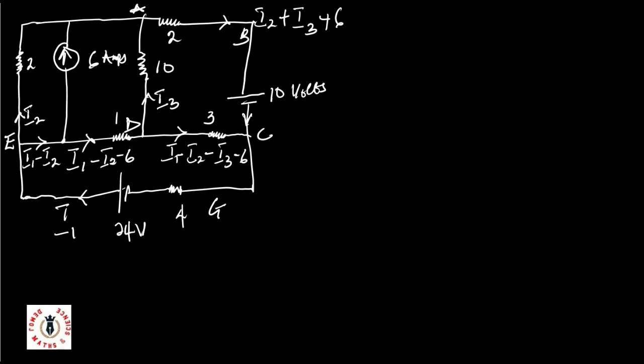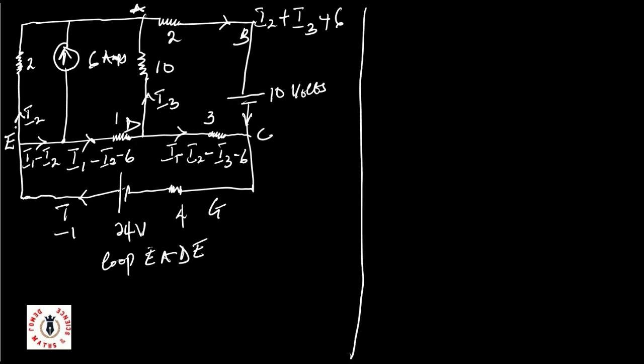Now the first loop, let's look at the first loop. Loop E, A, D, E. I'm starting from E down to A to D and back to E. Starting from E, I'll be talking of minus 2 I2, then up to A, there is no resistor after 2, then I'll come to 10, there's a 10 ohm resistor.